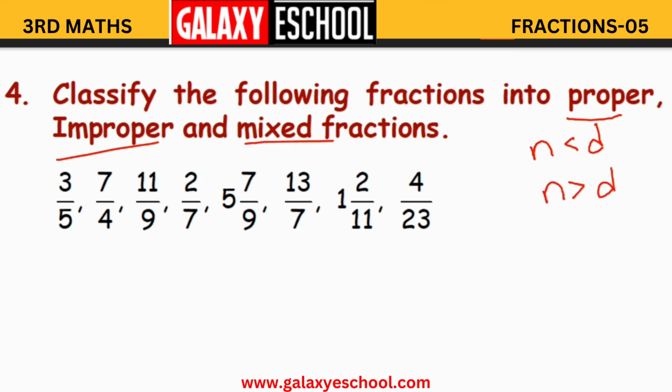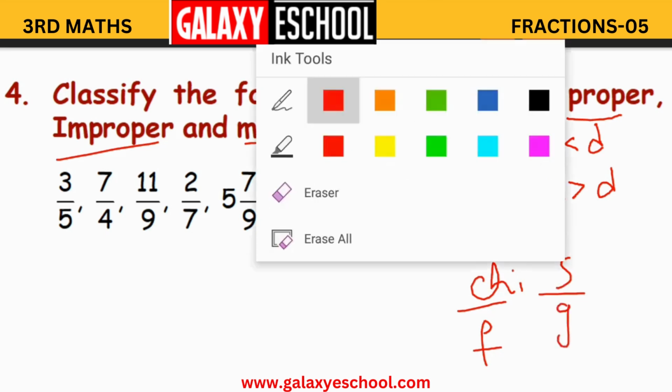And mixed fractions have both whole number and a fraction. Do you remember the example that I gave? The example of a father and a child. Yes, father should be below and the child should be above. That means smaller number divided by the greater number. This will be our proper fraction.